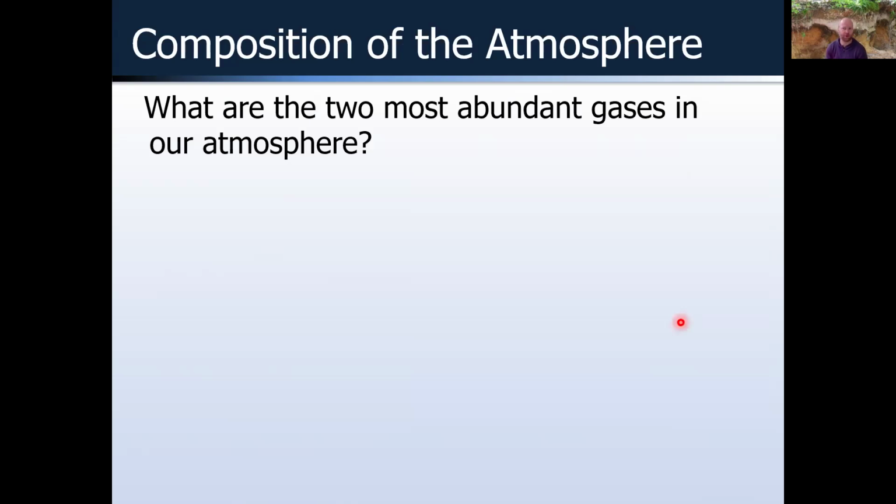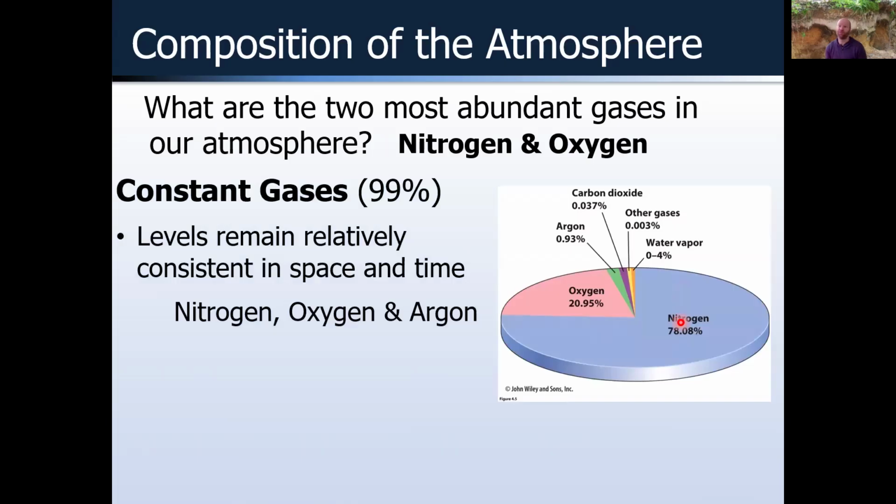So what are the two most abundant gases in our atmosphere? They are nitrogen and oxygen, with nitrogen being the most abundant and then oxygen second. Beyond being abundant, both nitrogen and oxygen are what are known as constant gases. This also includes the gas argon.